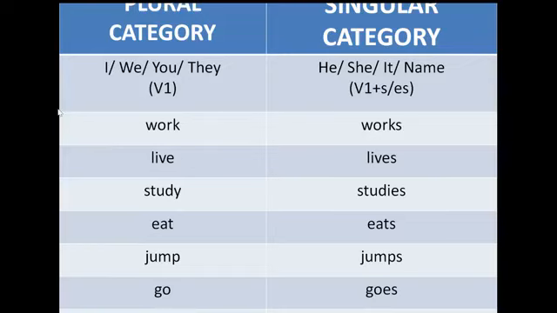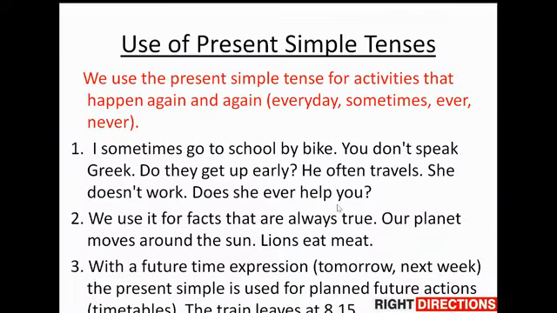So please remember this, students. With I, we and you, whatever verb follows them, वहाँ s और es नहीं आएगा. But any verb which follows he, she and it, उसमें s और es you will be adding. Hope the things are clear.